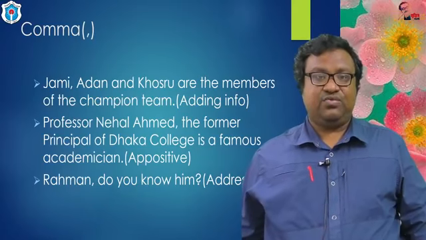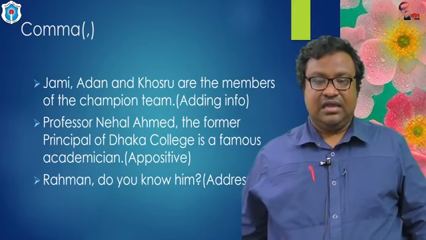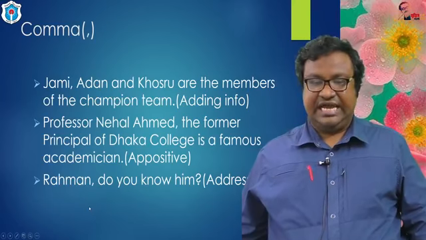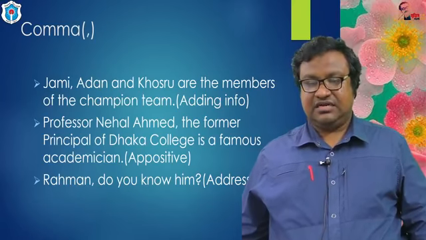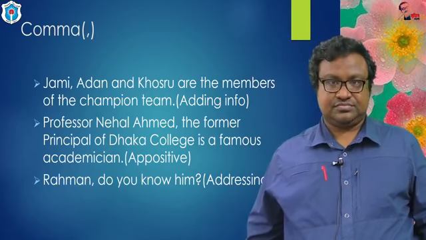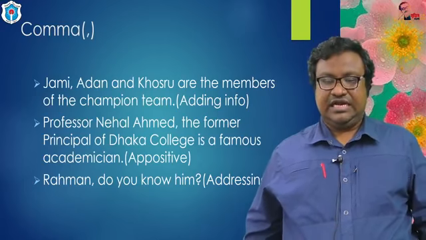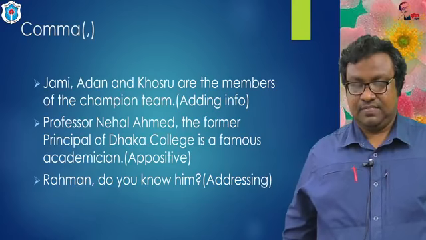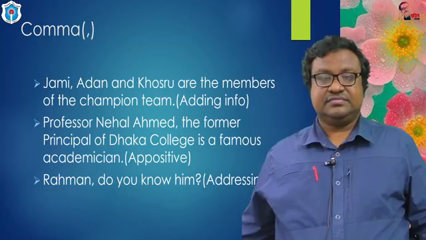Comma. Now when we are discussing comma, we use it when we are adding information, like: Jami, Adnan and Khosru are the members of the champion team. So here we are adding the information with commas.